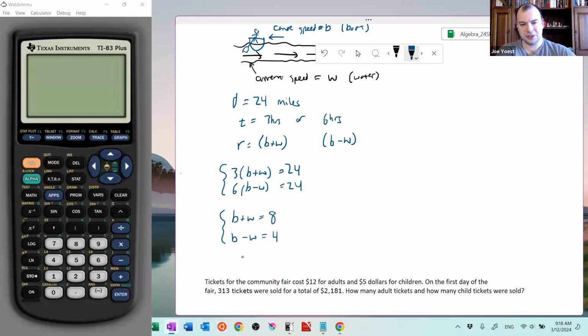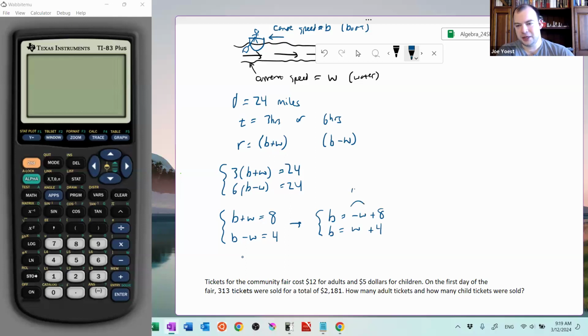And maybe here I'll solve everything for B. Subtracting W off of both sides in the first equation gives me that B equals negative W plus 8. Adding W to both sides in the second equation gives me B equals W plus 4.